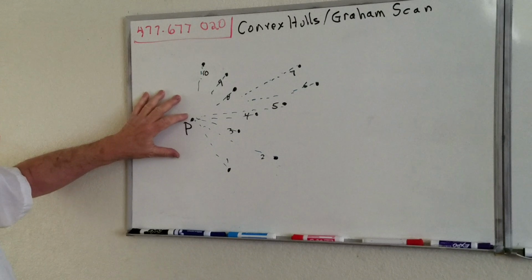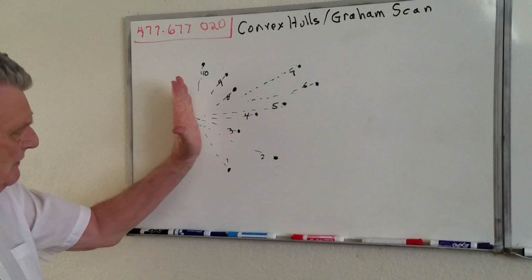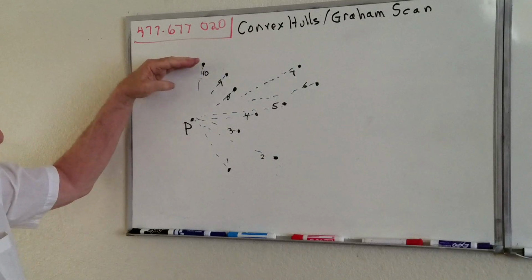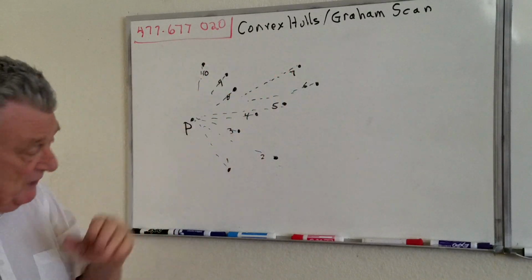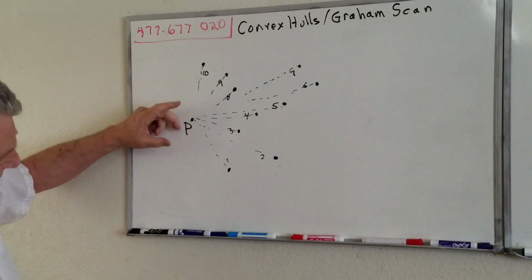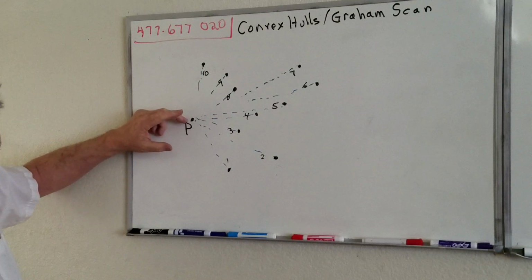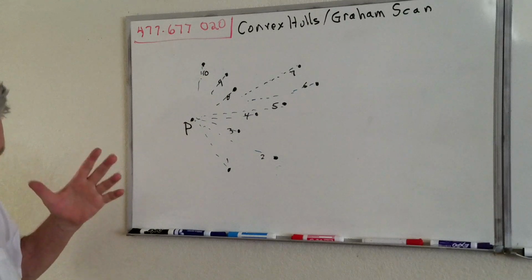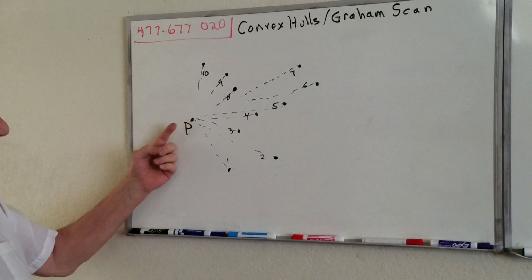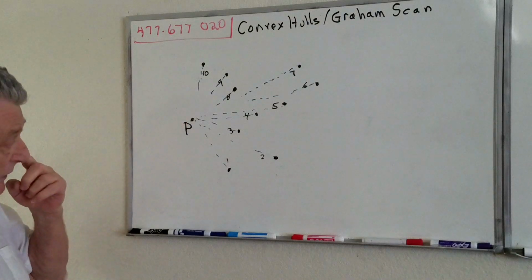One way to guarantee that is to pick the leftmost point, or the bottommost point, or the topmost point, or the rightmost point. If there are multiple points equally far to the left, then we have to pick the lowest one or the highest one, and so forth. So there is a unique point farthest to the left here, and we're going to call that P for pivot.